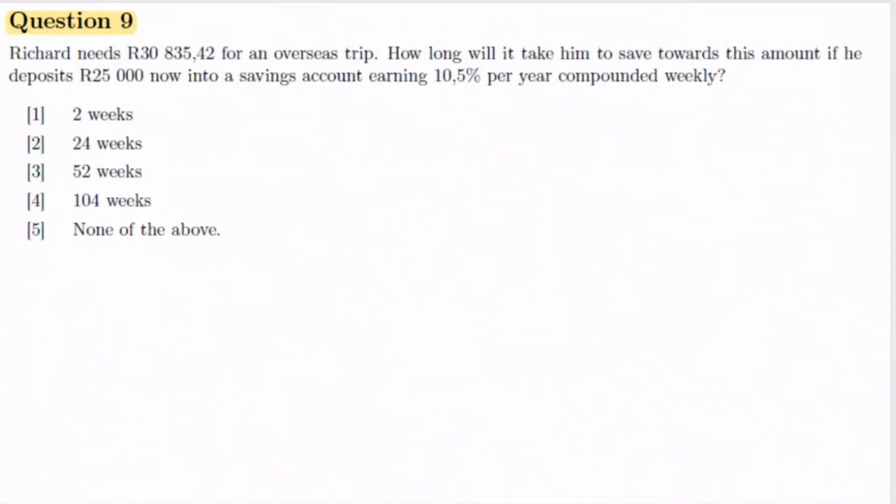Let's move on. What is this? Richard needs a trip. What was this question about? I don't know what this question was about. It's about the logs. I'm not going to spend time on this question, guys, because I've already attended to the question of calculating the times.